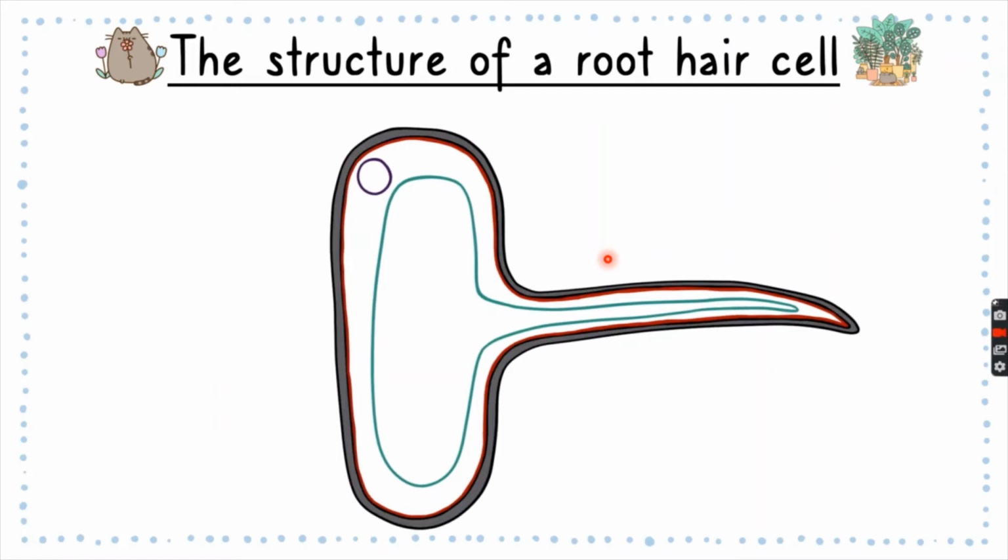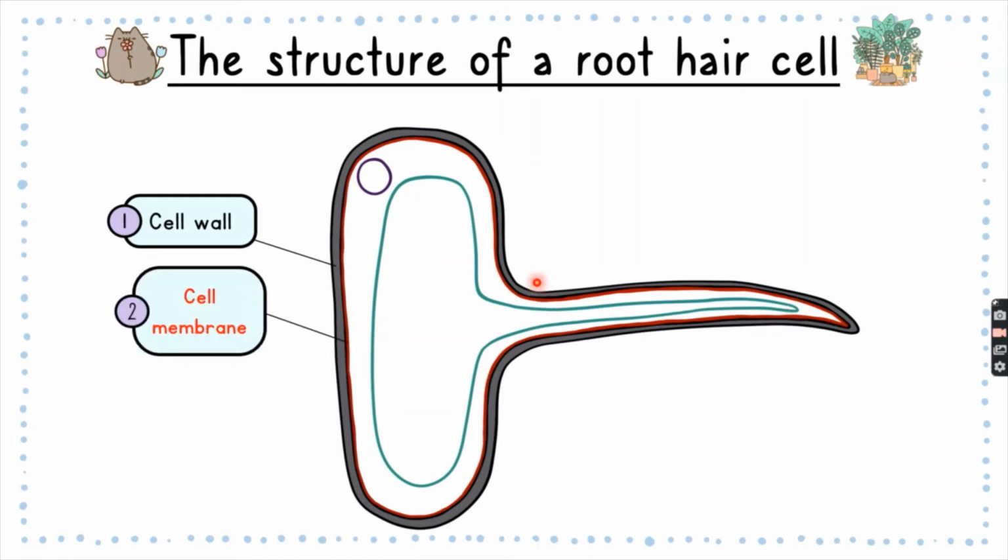So this gray part right here, it's very thick, isn't it? So this thick outermost layer, you guys know that that is the cell wall. And if you guys can see that there's that red line right there, that, of course, you would know is a cell membrane. However, usually when we're drawing it, we just draw them as a single line.